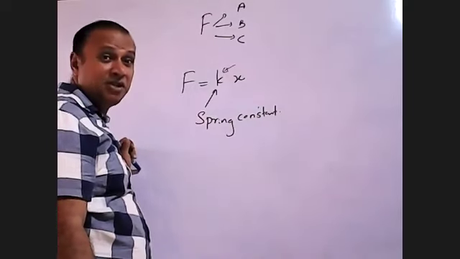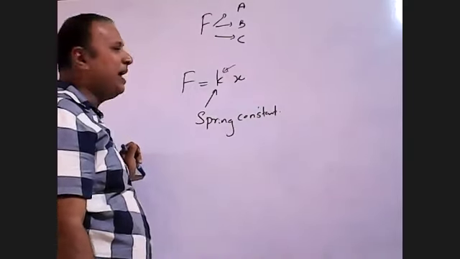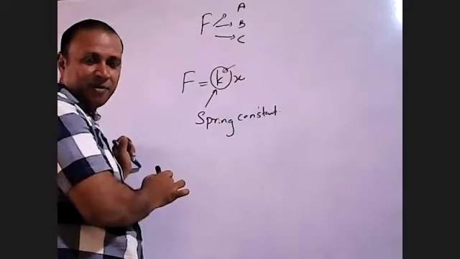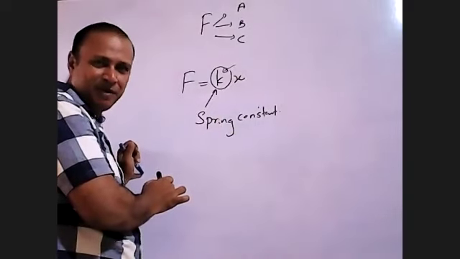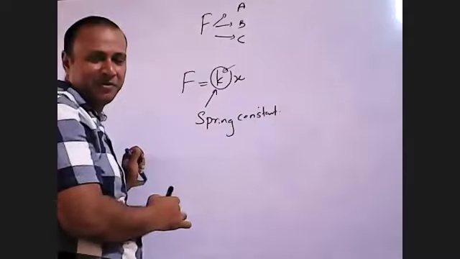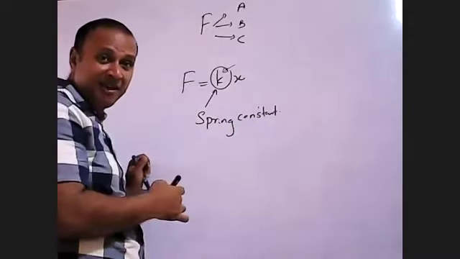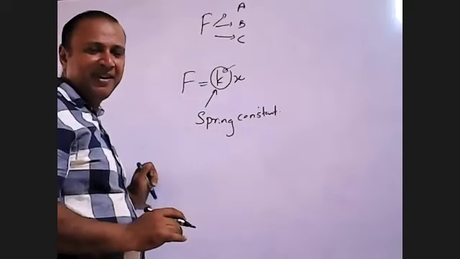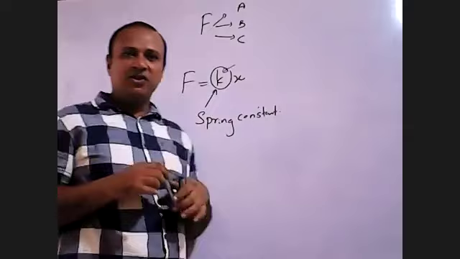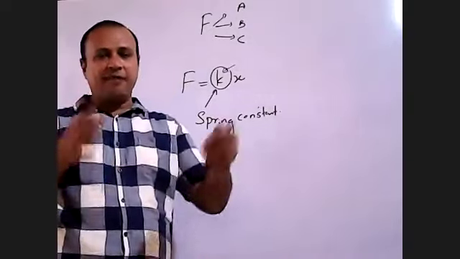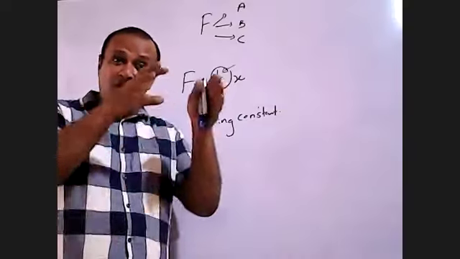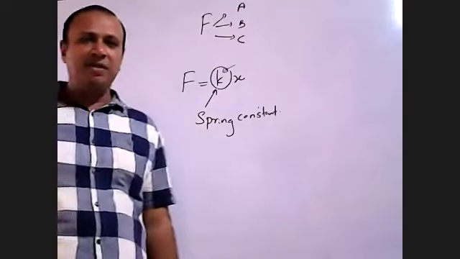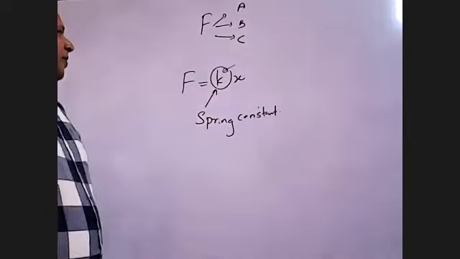In this case, the spring constant is the proportionality constant. Therefore, that proportionality constant is also a physical quantity, not just a number. So the proportionality constant can be a number or a physical quantity.